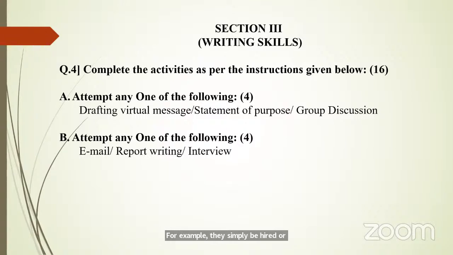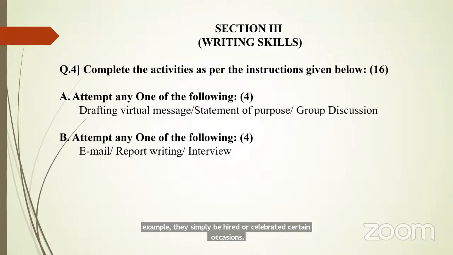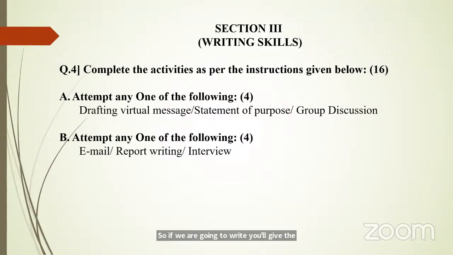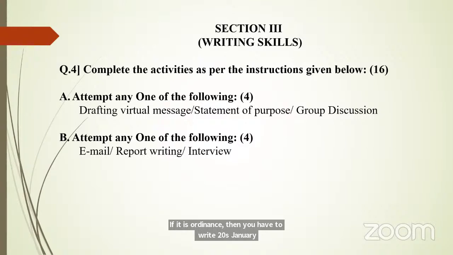So if we are going to write, you'll give the heading and then the dateline, like Pune, today's date. Either you write January 22nd or January 22 or 22nd January. If it is ordinals, then you have to write 22nd January, comma, 2022. Or if it is like January 22, comma, 2022.